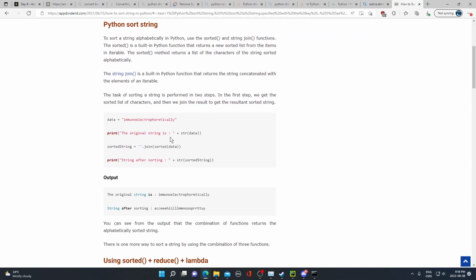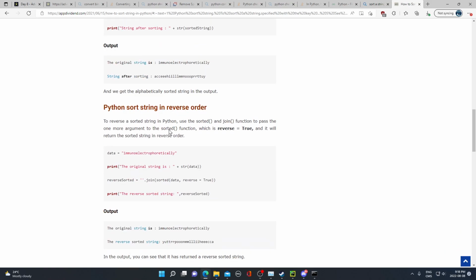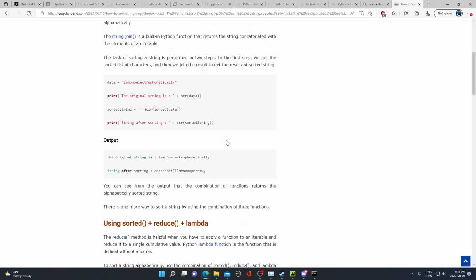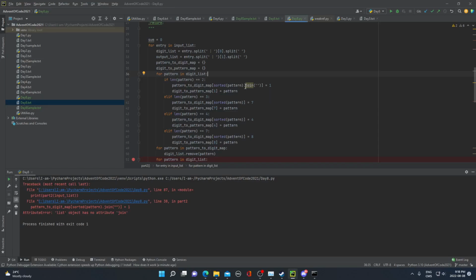Sorted plus join. Oh, it's that. I got the annotation wrong.